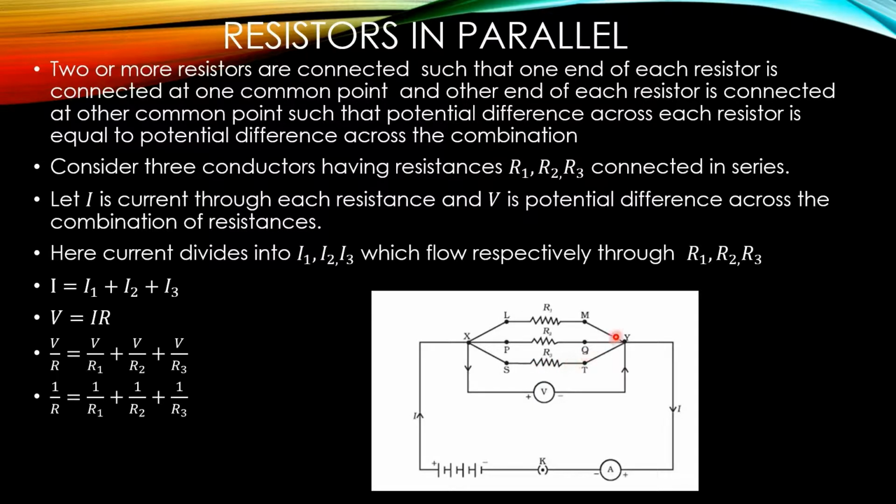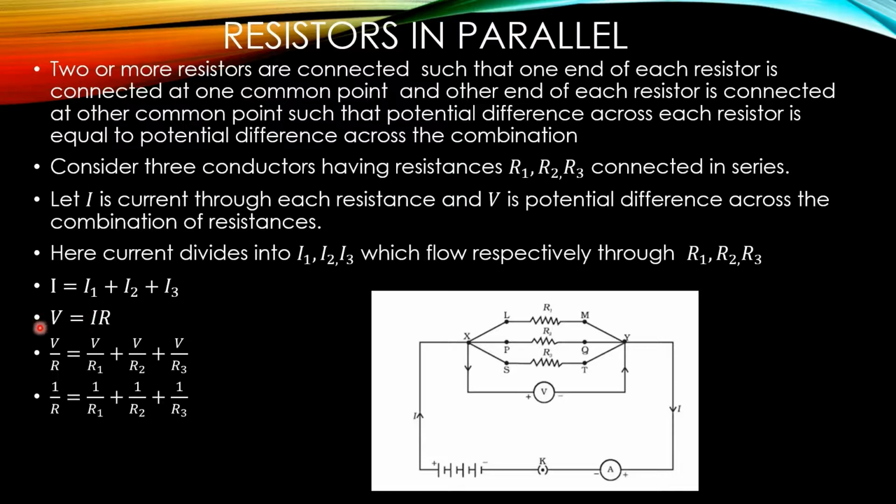After that, from point Y, this amount of current I will flow and that we can measure in the ammeter. So I is the current which is divided into I1, I2 and I3.